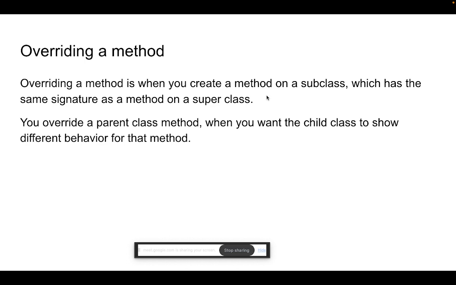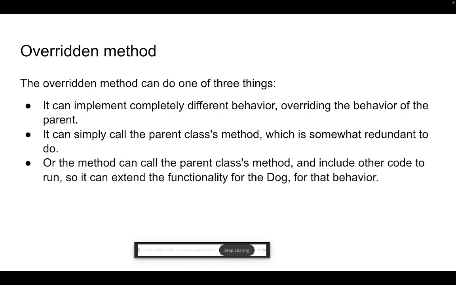So when you override a parent method, that means the child class wants to show a different behavior for that method. That's what we call overriding a method. And that is a part of something called polymorphism, which we'll talk about a little bit by the end of the session.